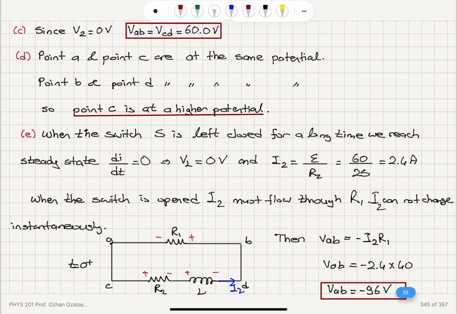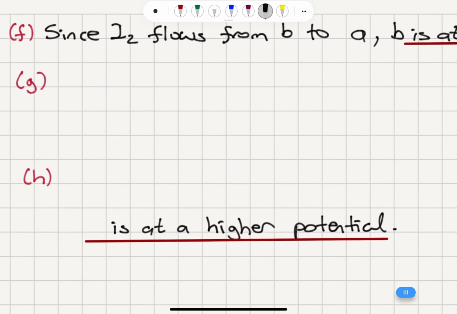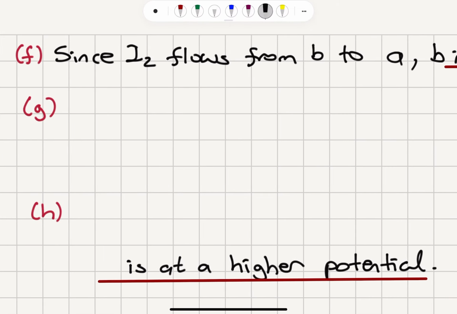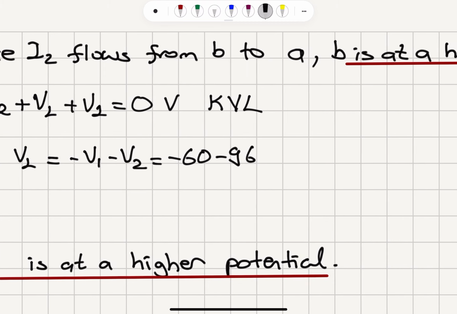So we can see that after the switch is opened, we must have V2 plus VL plus V1 equal to 0 volts, Kirchhoff voltage law, and the voltage across the inductor now will become minus V1 minus V2, which is minus 60 minus 96.